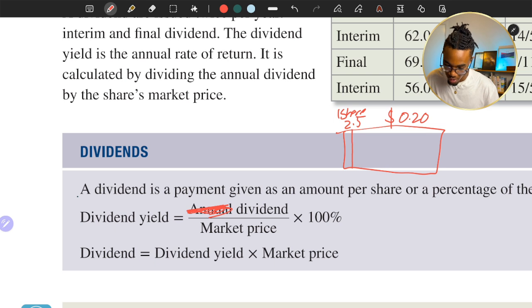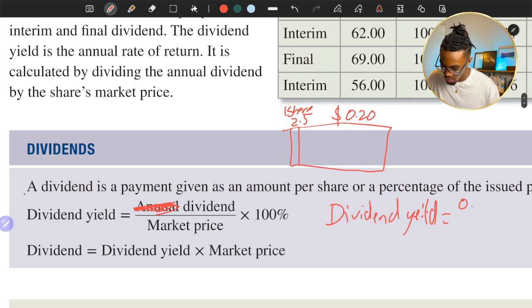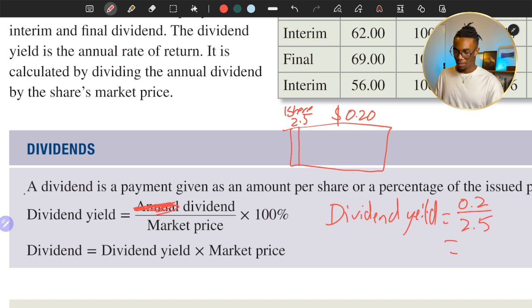So the dividend yield would equal 0.2 over 2.5. If I put that in my calculator, times it by 100 because it's a percentage, it gives me 8%. So that's calculating dividend yield.